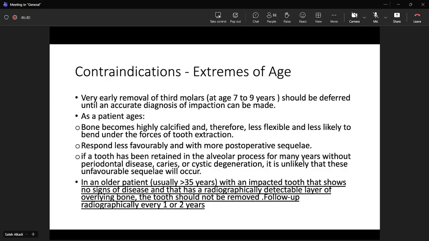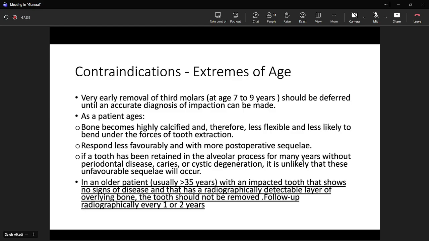So we don't remove wisdom teeth at a very early stage, when the calcification starts and the bud of the third molar starts to form. Some may do what we call removing the germ of this lower third molar, germectomy. We don't do it.